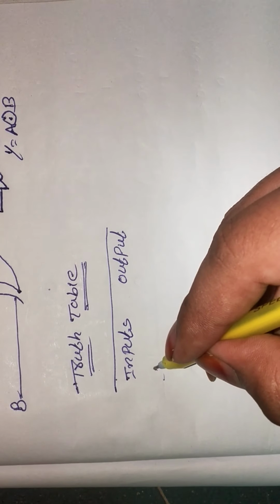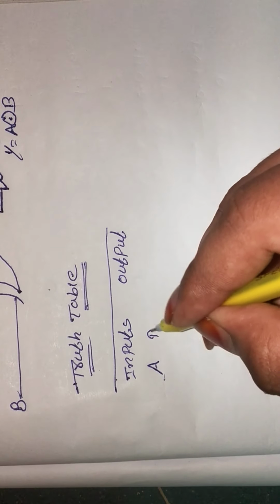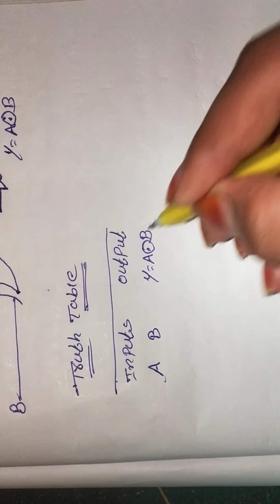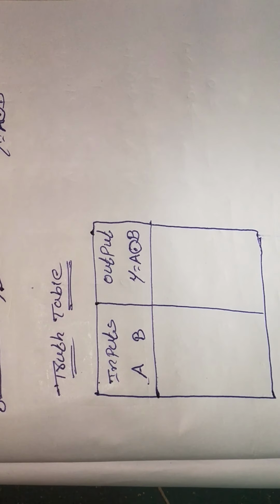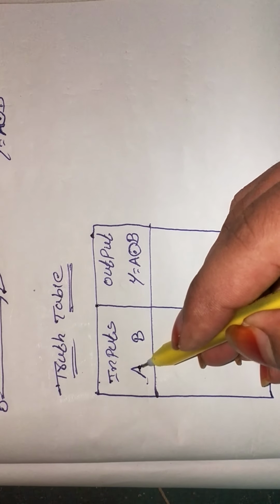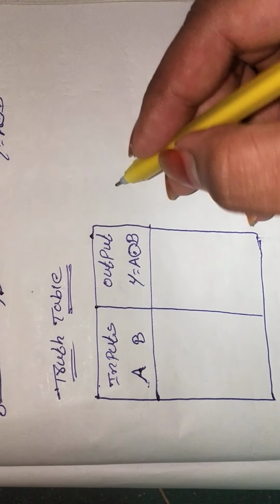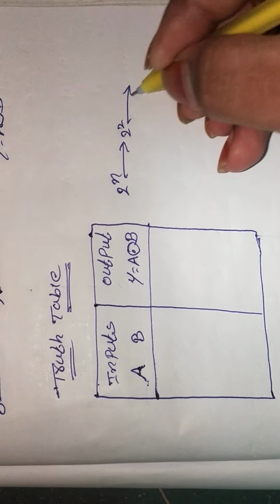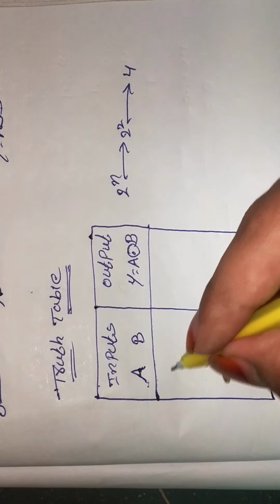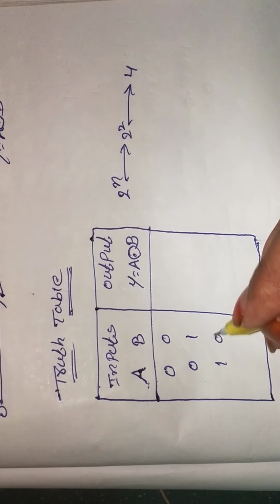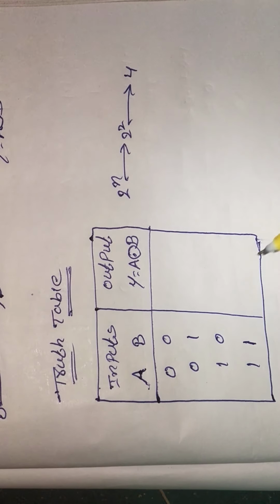Here we take two input variables A, B and output Y equal to A XNOR B. There are two input variables, so 2 power n is 2 squared, which implies 4 combinations. In general the combinations are 0 0, 0 1, 1 0, 1 1.